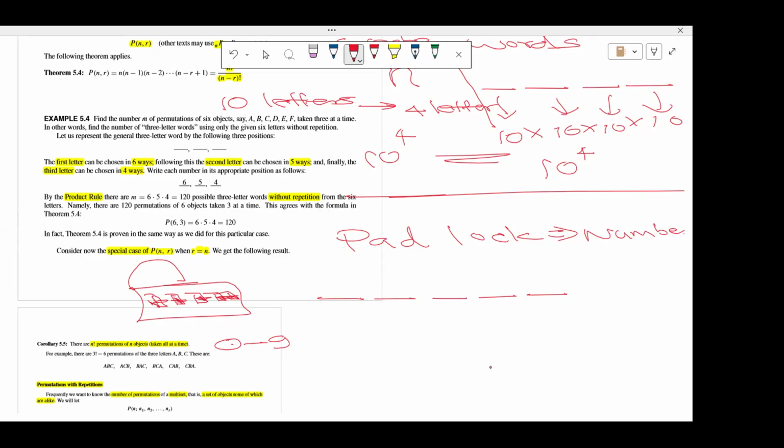I'm not directly asking for the answer in words. So you need to think how we can apply this.